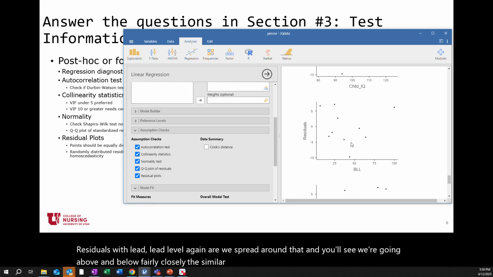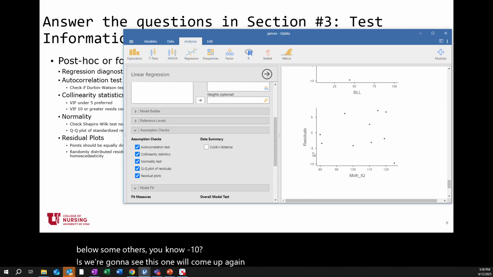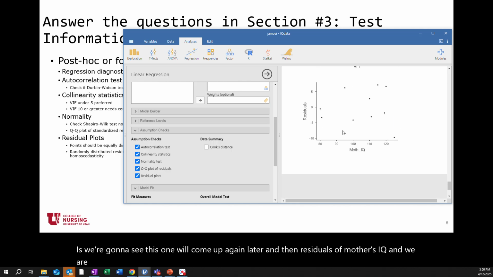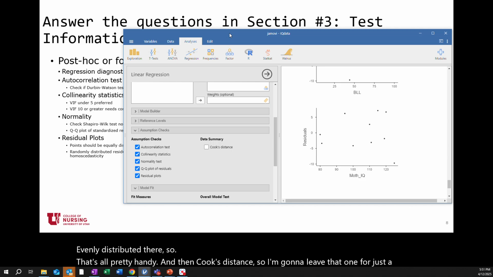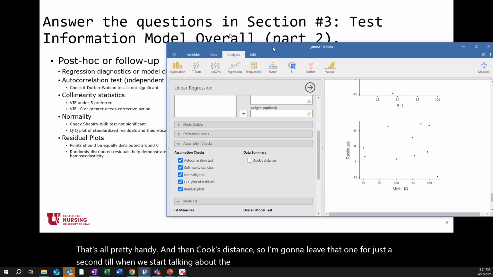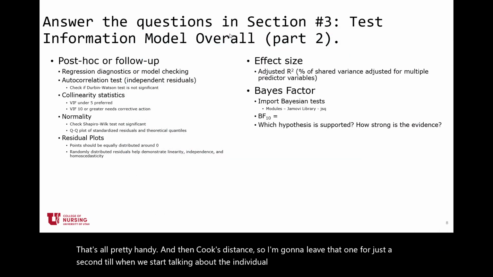There is one that's kind of down here below some others, -10, and this one will come up again later. And then residuals with mother's IQ, and we are pretty evenly distributed there. So that's all pretty handy. And then Cook's distance. I'm going to leave that one for just a second till we start talking about the individual observations and the variables themselves.